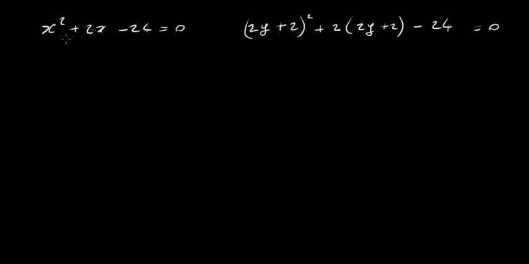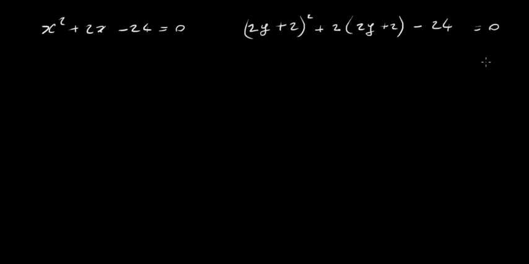Again, you'll be asked to solve this and hence solve this. In this case we have an x here and an x here, but here we've got a 2y plus 2 instead of the x, and over here you can see we've got a plus 2, and instead of the x we've replaced it also by 2y plus 2, and we have our minus 24 here, minus 24 here, equal to 0, equal to 0.